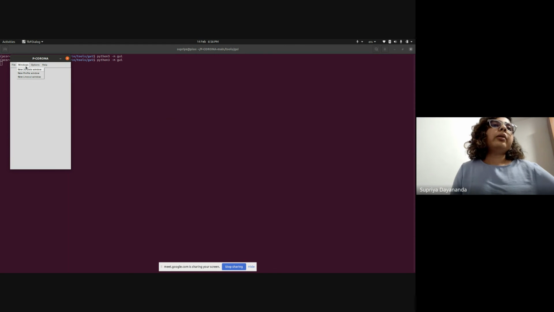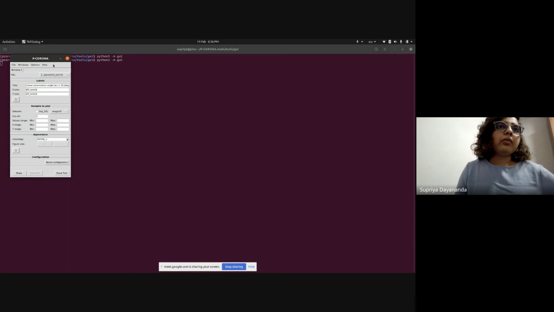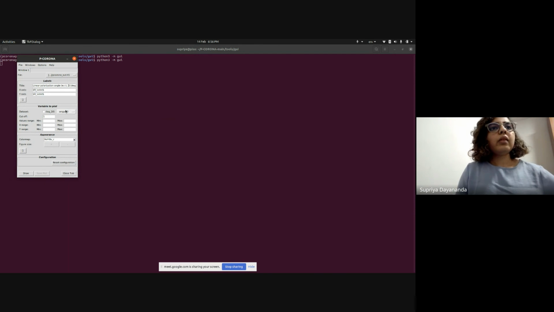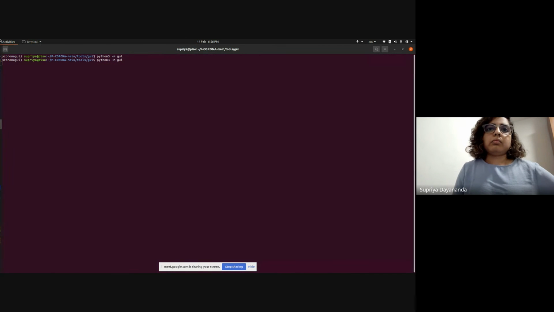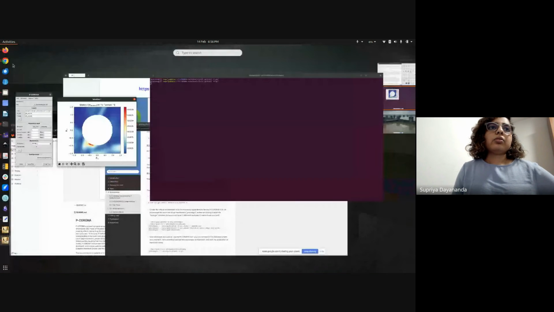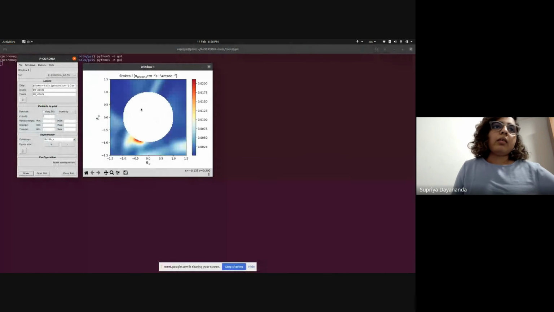Once you open this window, you will see the options to plot your output in a 2D format, if you want to plot the profiles, or the lineouts. As soon as you select 2D format, you get this option. You can choose, for example, to plot the intensity and just click draw, and you should have your intensity.